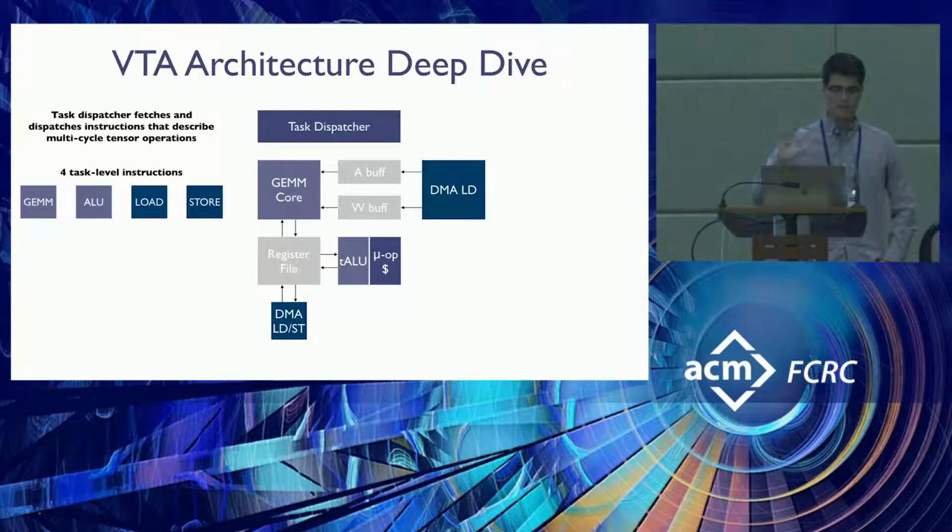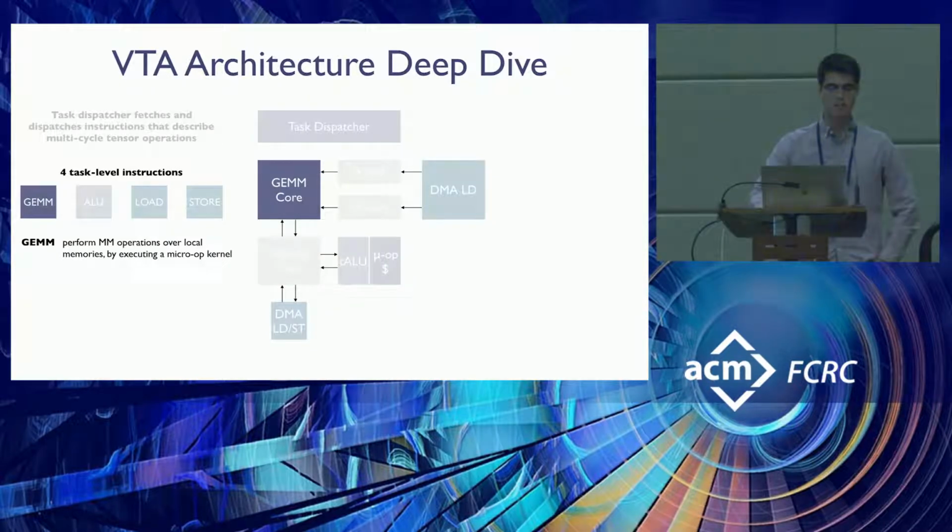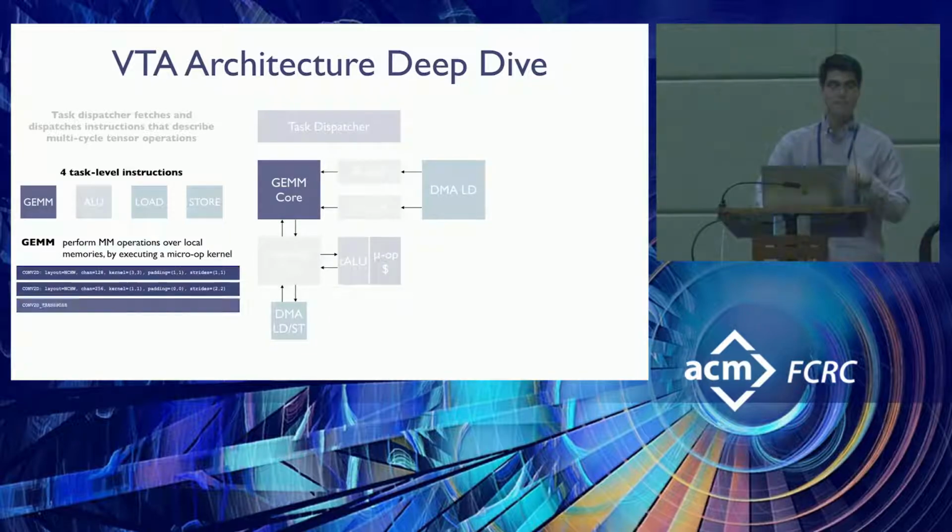But here's where things get interesting. If you want to do dense matrix multiplication, there are a lot of different operations that you could do in a neural network. What's nice about this high-level task instruction is that it calls into our micro-op buffer. Our micro-op buffer, remember, contains those RISC-style instructions. We can describe a microkernel that performs different types of operations in your neural network.